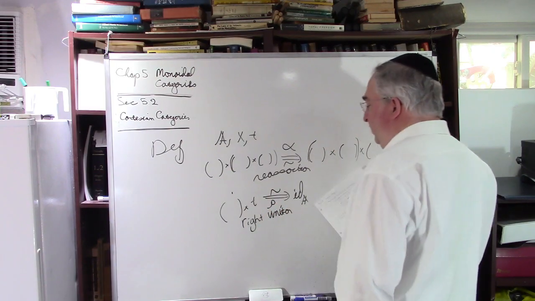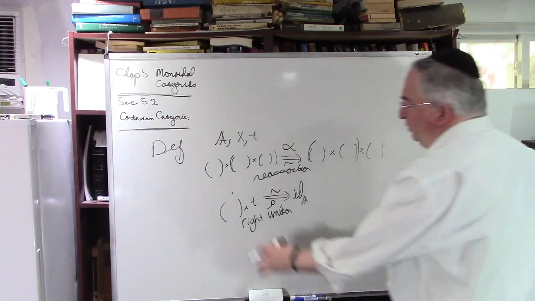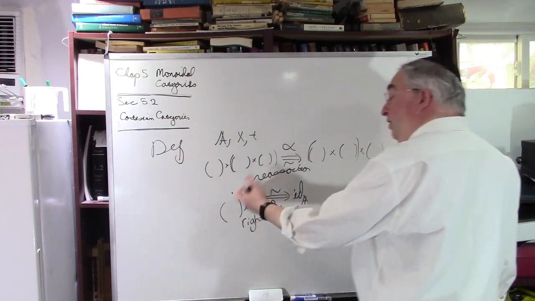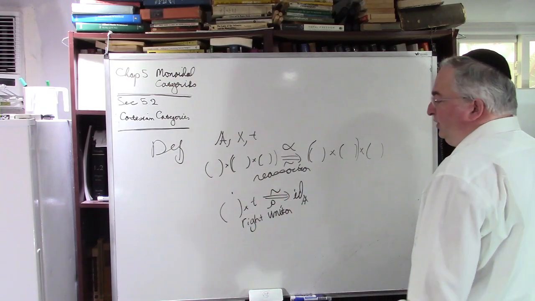I don't know if it's my names or other people's names. So this is the unit of the tensor product. So this is called a right unitor.